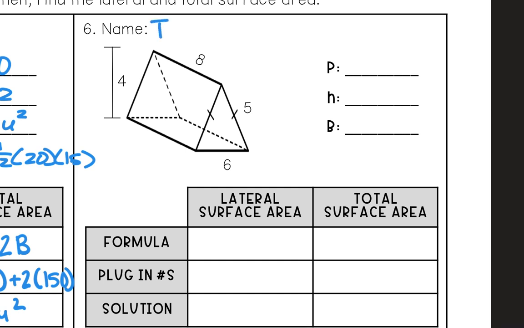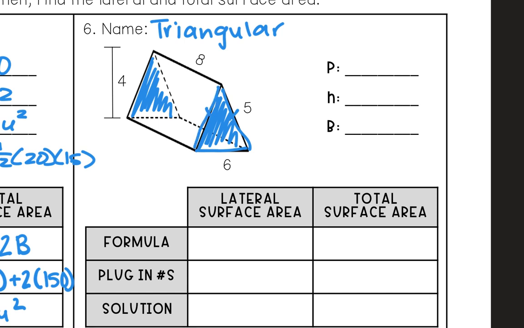Okay, same first step. This is a triangular prism, which means our bases are going to be our triangle shapes. Those little dashes just mean that those sides are equivalent to each other. Our first step is going to be perimeter of the base. So we are going to do 6 plus 5, and since they're equal, so 6 plus 5 plus 5, which should give you 16.